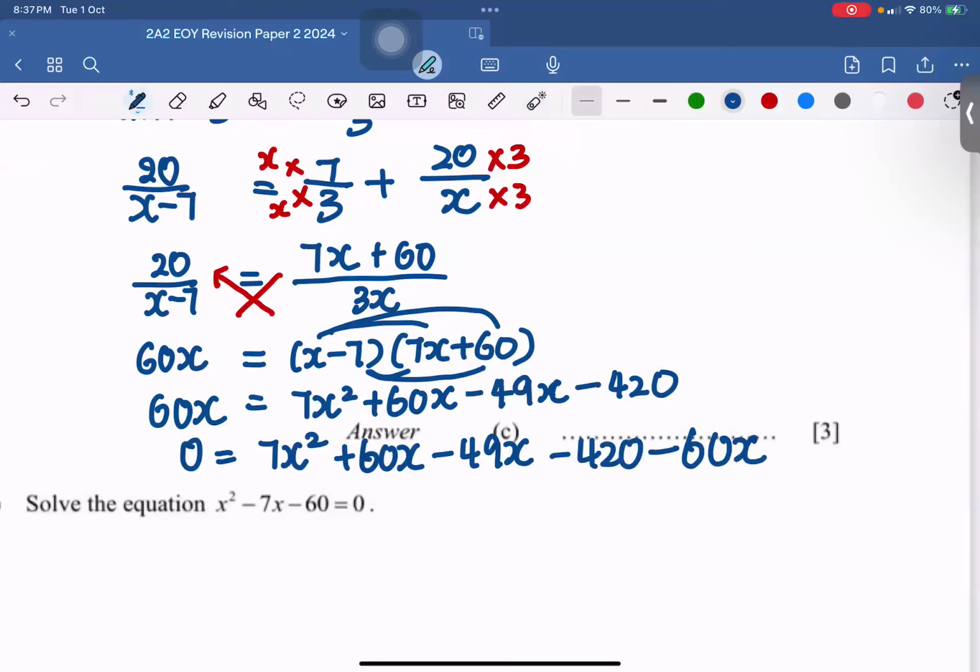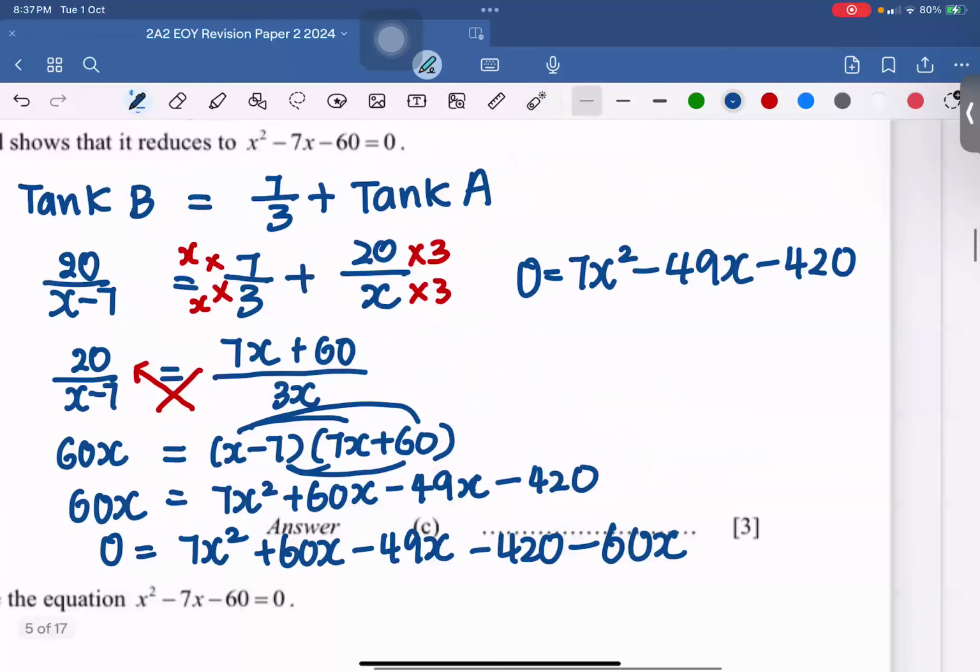So now can you tell me? 60 minus 49 minus 60, how much is this? Negative 49x. Then still got minus 420 at the back. Okay, done. Not totally done yet.